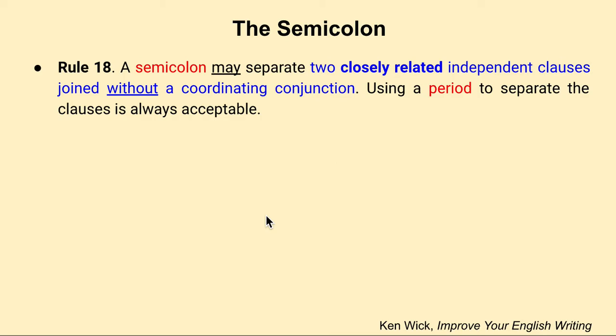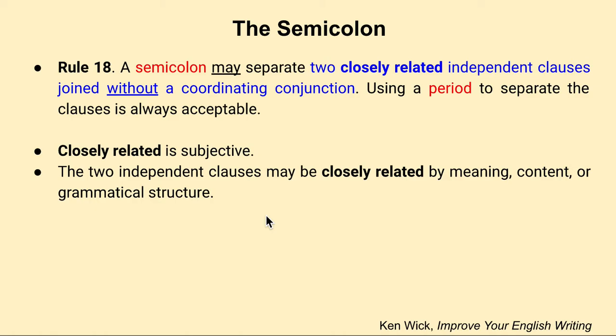So here, if you go back, I think it was rule number 3 where you had two independent clauses separated with a coordinating conjunction, use a comma. Here, where you have two closely related independent clauses without a coordinating conjunction, you may use a semicolon. I have bolded what is closely related, and closely related is subjective.